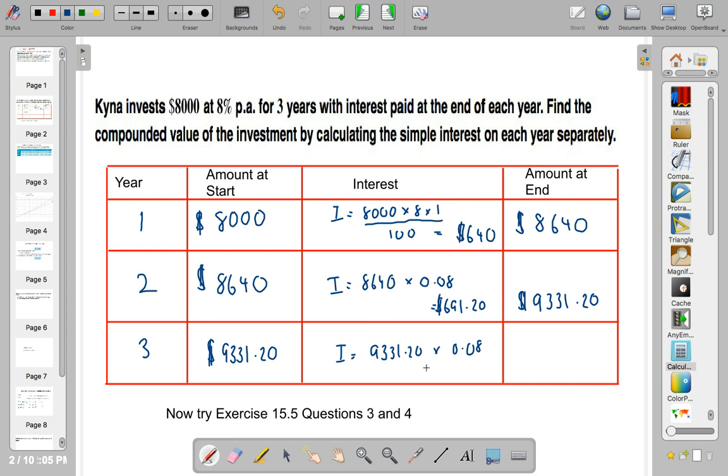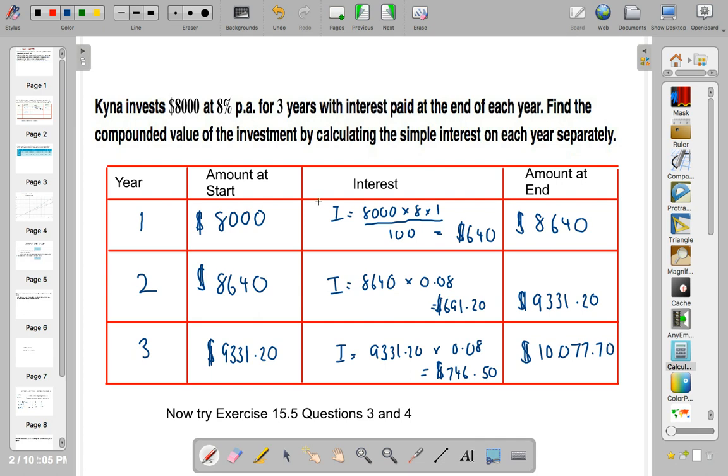So we've got $746.50. We then add that to the previous balance, which was $9,331.20, and we get $10,077.70. There we go. There's the amount of the investment after 3 years.